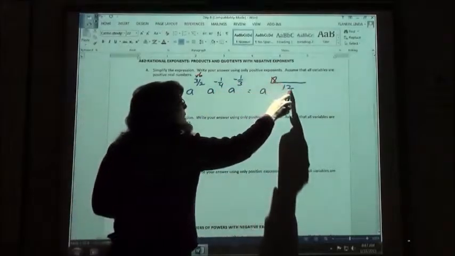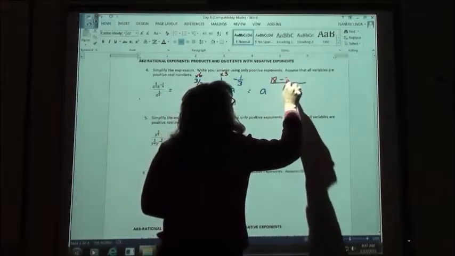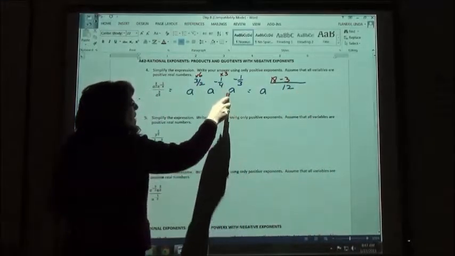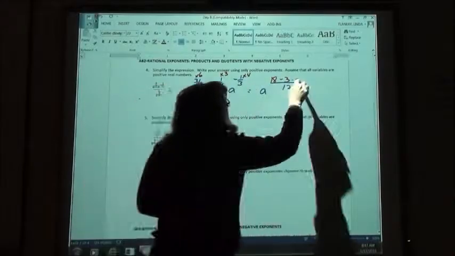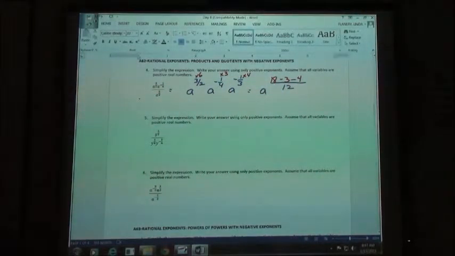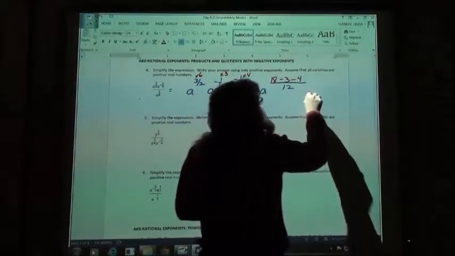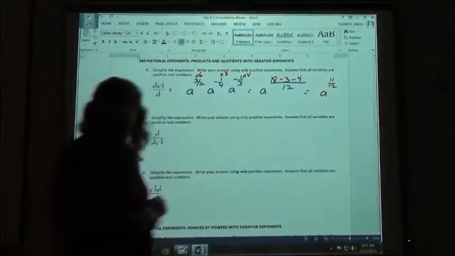4 goes into 12 3 times. 3 times that minus 1 would be minus 3. And then 3 goes into 12 4 times. 4 times my minus 1 would be minus 4. 18 minus 3 minus 4 gives me a to the 11/12 power.